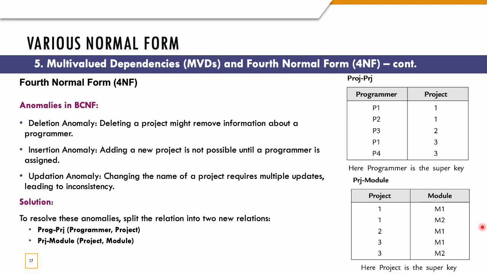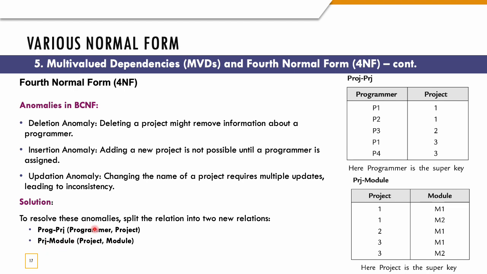Okay, to avoid these kinds of issues, we can further split the relation to better isolate the independent information. It means that we reach the fourth normal form. Okay, so we have two new relations: programmer and project, and project and module.